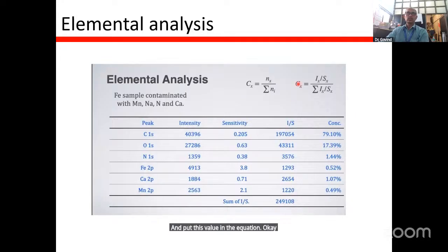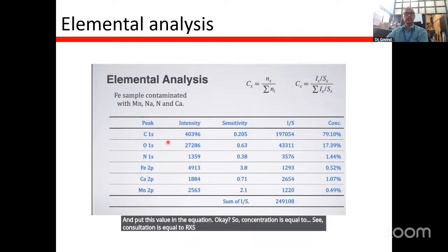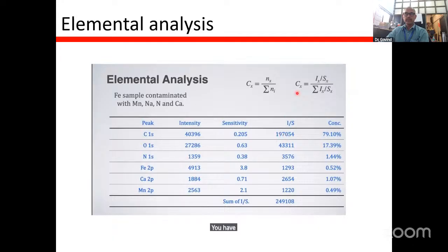So concentration is equal to Rx Sx. For example, if you want to find the carbon, you have this ratio divided by the summation of this ratio. So what you will get, this total surface has 79.1% of your carbon composition. Carbon is available on that much surface.